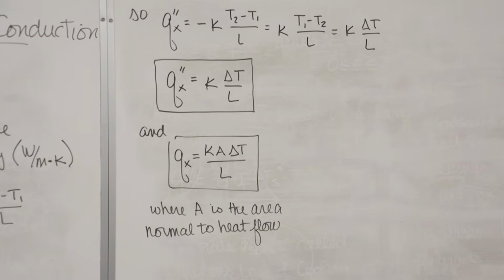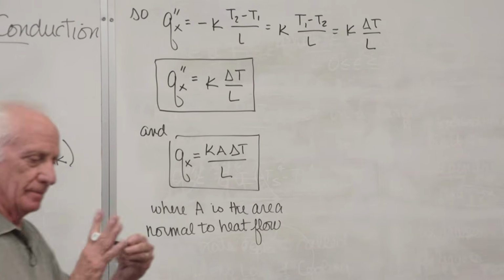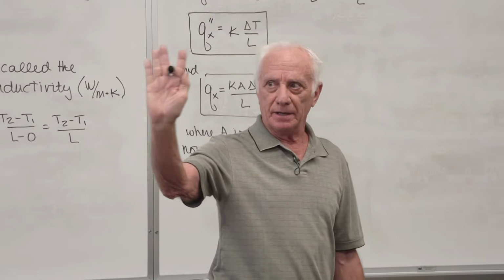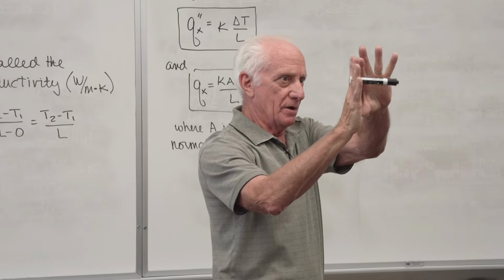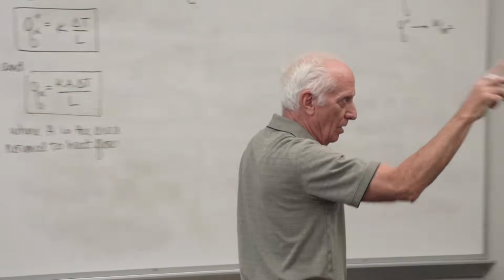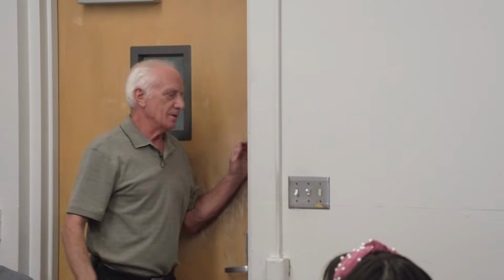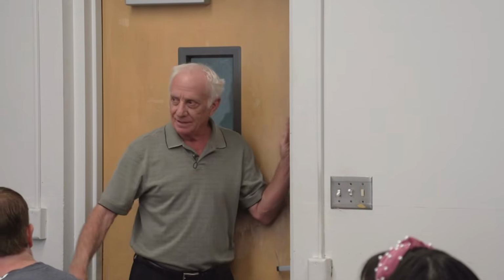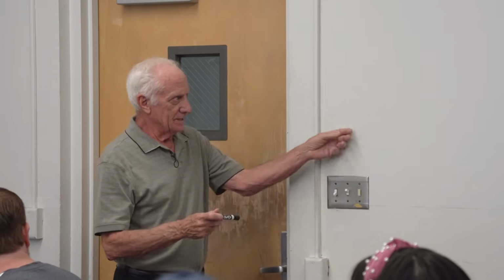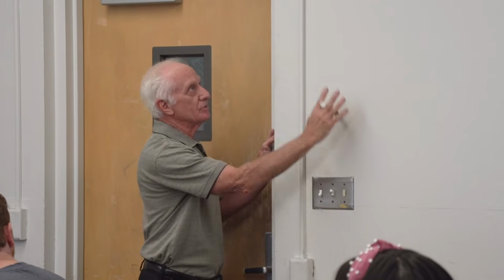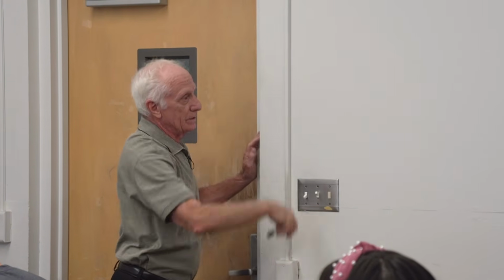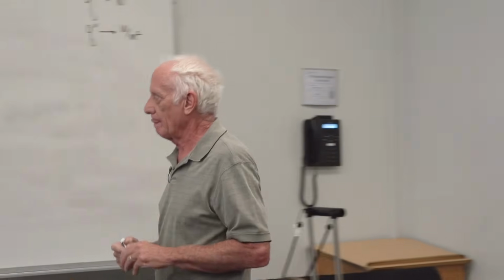So if the pen is the heat flow direction, the appropriate area is the area of my hand. Here's the heat flow, here's the area I put in. If it's this wall and the temperature of this side is 100 degrees C and the temperature out here is 30 degrees C, which way is the heat flow? From the hot inside to the cold outside. Heat flow goes that way. What area do I use? The height of the wall times the length of the wall. Rectangular area, height times length.